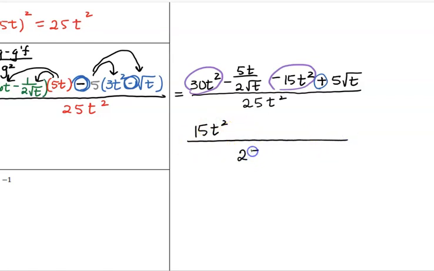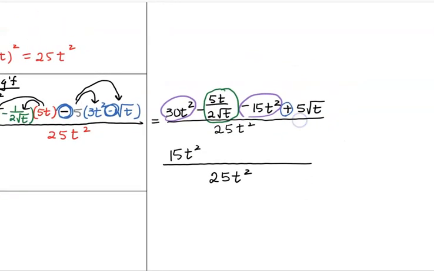Let's talk about what else we can simplify in the numerator. Right here, 5t over 2 root t. That is 5t over 2 t to the 1/2. Subtract those exponents. So we still have the 5 over 2.